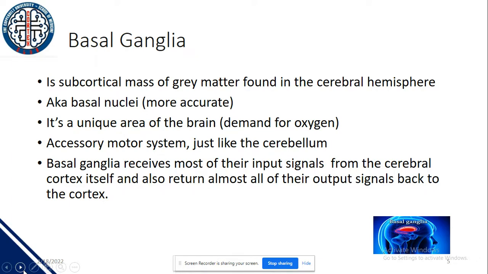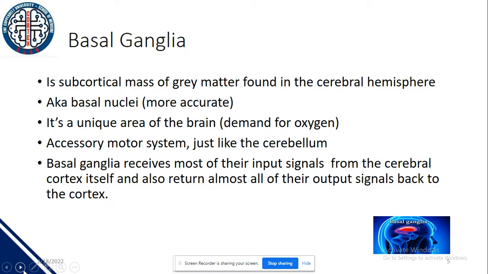The ganglia is a group of cell bodies which are located outside the central nervous system. By this time around, the cell bodies we are looking at are those which are found within the central nervous system. So it is also called the basal nuclei. Why?